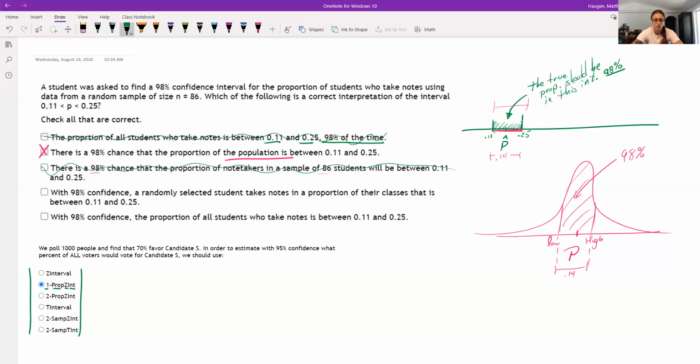Is this about a proportion of classes? No, this is about a proportion of students, right? And this switches to talking about an individual student and a proportion of classes as opposed to a class and a proportion of students. Fair? Okay.